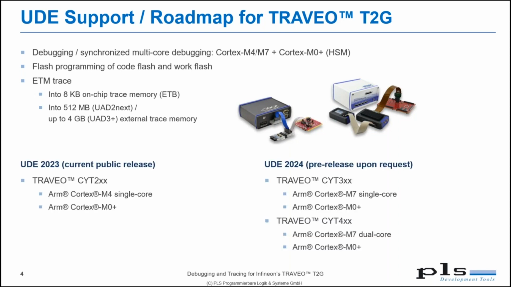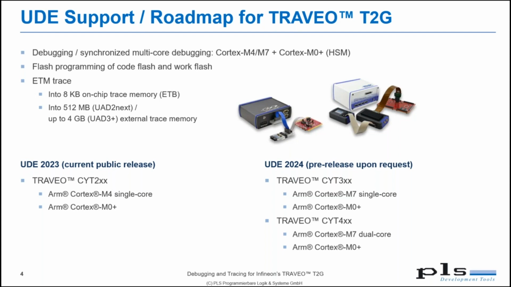The TRAVEO II is one of the latest additions in the device support in UDE. Therefore, it's only partially available in the current public version of the UDE, which is UDE 2023, and we released that version right after the Embedded World in March this year.